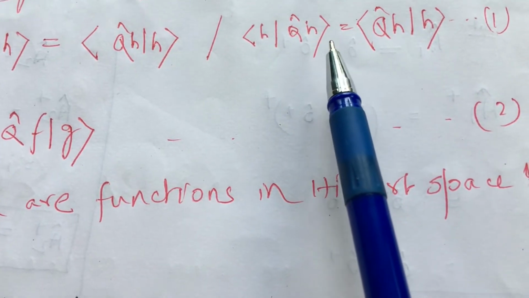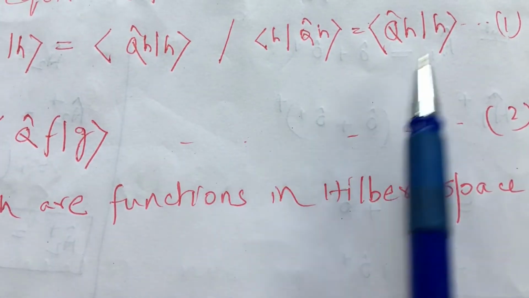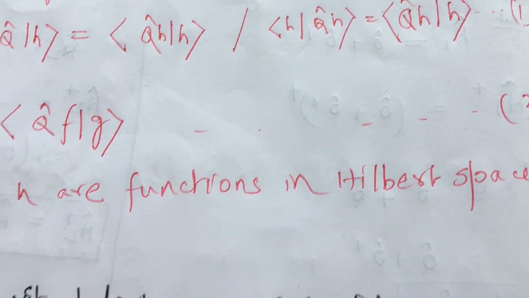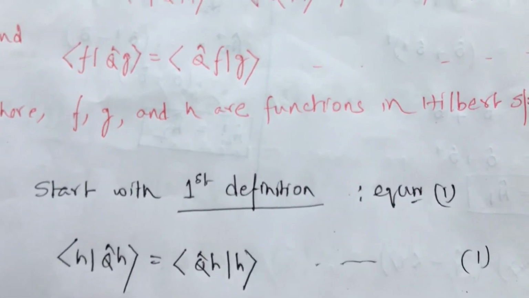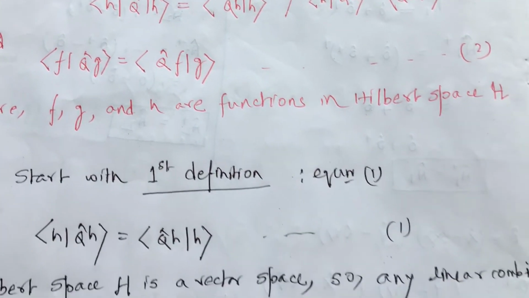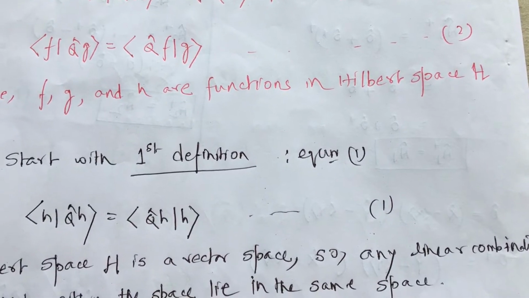This is an alternate way to write the expectation value. This is my equation 1 and this is equation 2. Now these h, f, g are functions in Hilbert space that are given to me.